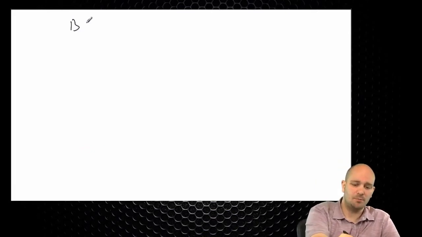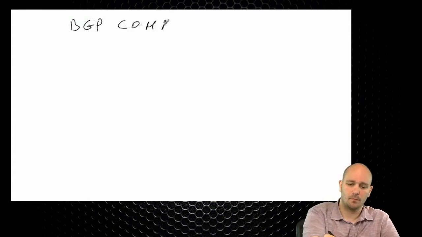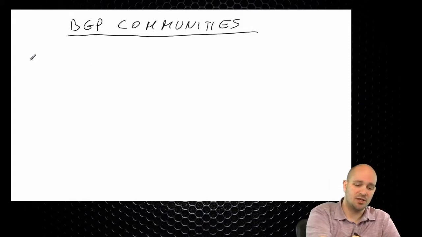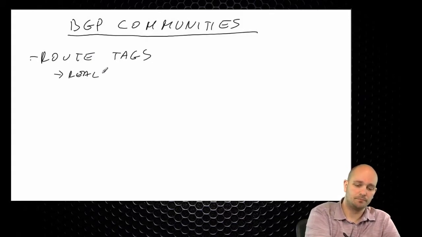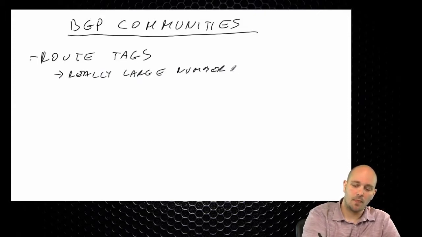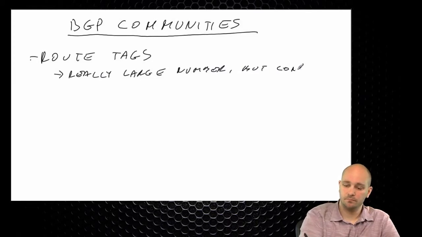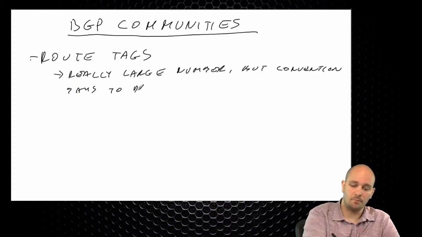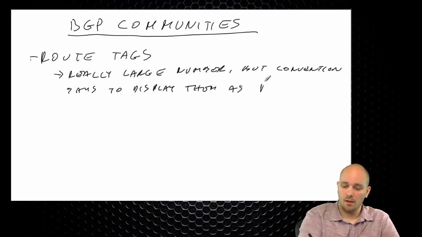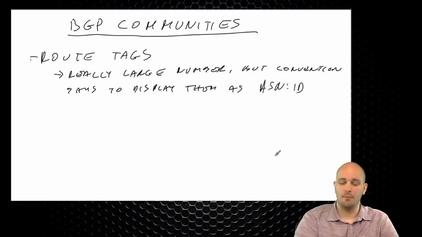communities? So here, just a brief introduction. BGP communities are really just route tags. They have the format of a really large number, but convention says to display them as AS number and some identifier.